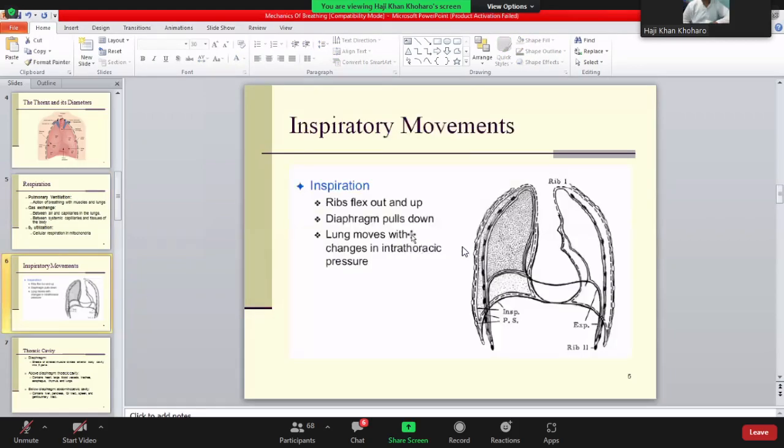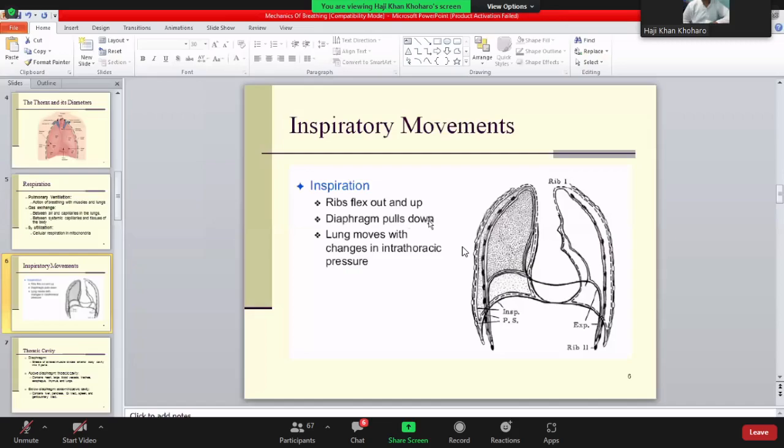Here is a diagram showing the upward and downward movement of the diaphragm and the side-to-side movement of the thoracic rib cage. What happens during inspiration? The ribs flex out and upward, and the diaphragm pulls downward.